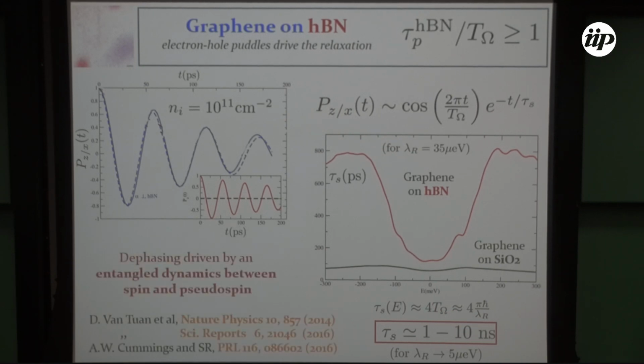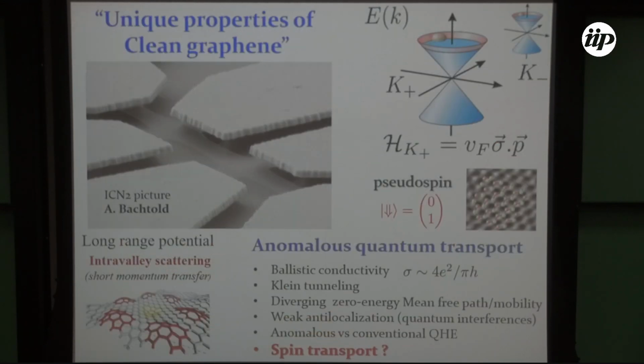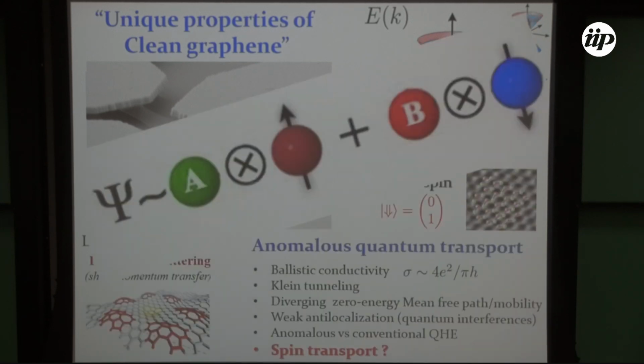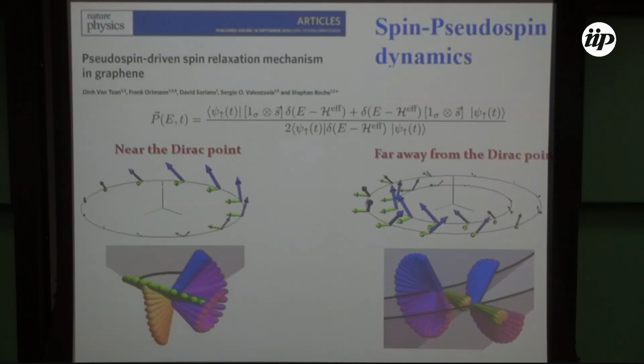And it turns out that the mechanism that explains that has nothing to do with the conventional mechanism, but has to do with what I said before, that spin and pseudospin become entangled at the Dirac point. So entanglement of different degrees of freedom is expected to also contribute to the spin dynamics. The things cannot be deconvoluted.